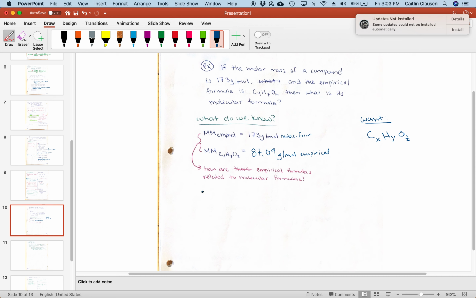The other thing I know is that the empirical formula shows the ratio of elements, while the molecular formula is exact for a specific compound.